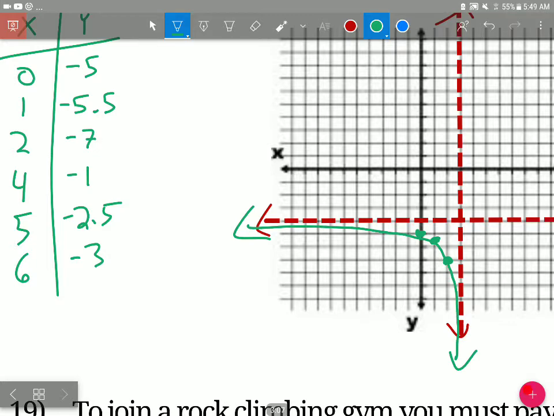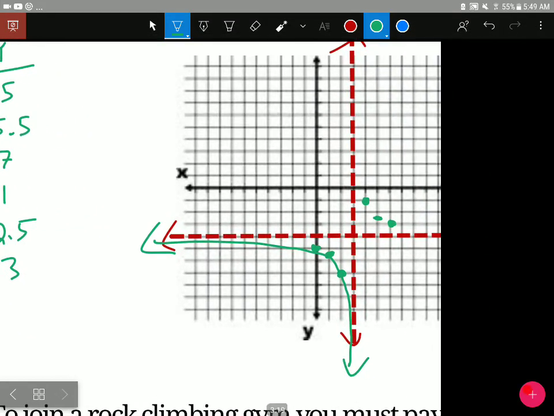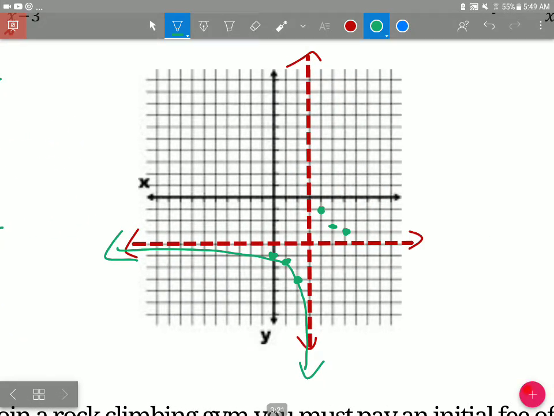Alright, and then 4 is -1, 5 is -2.5, so down 2.5, and 6 is -3. So this one's actually pretty close in the corner there.